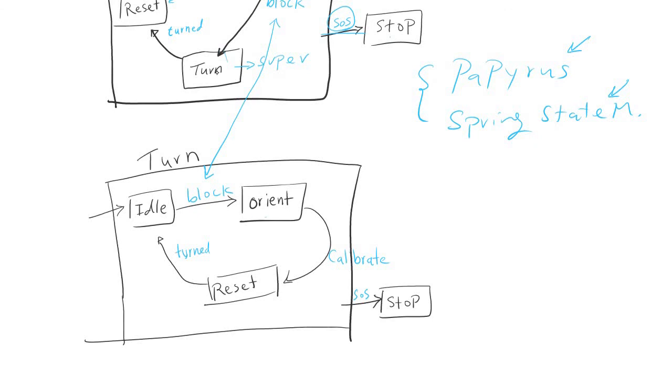Inside the orientation we will take care of some stuff, and then we will go to a new state with the calibrate event, to the reset, and then we will say we have finished our process. We'll send out the turn, and this signal will trigger a new transition outside to go to the reset.